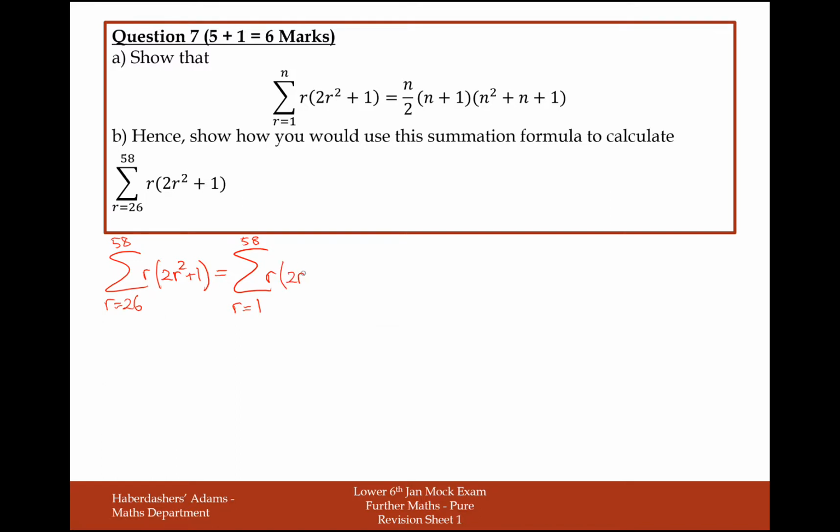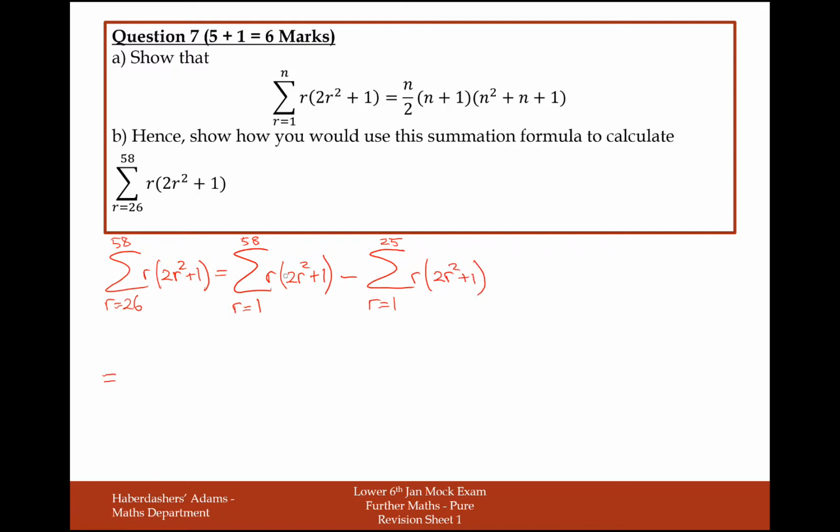R bracket r squared plus 1. And then what I'm going to do is subtract all the r value numbers that are less than 26. I want to include 26, so I'm going to subtract all of those r values from 25 down to 1 of our expression r bracket 2r squared plus 1.